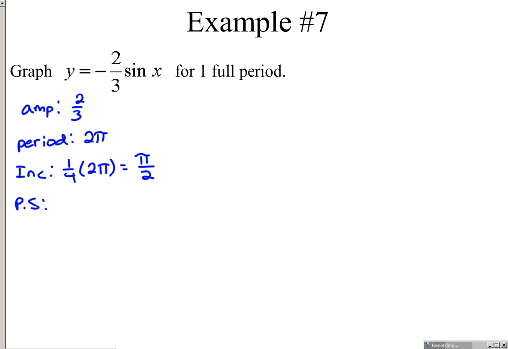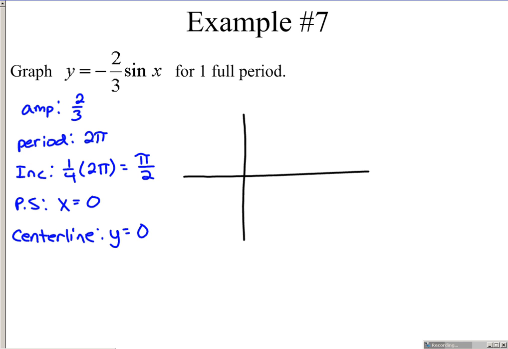Phase shift, there is none, so it's still at x equals 0. Center line shift, there is none, so it's at y equals 0. Since there is no phase shift, we can draw on our y-axis right away. Amplitude is 2/3.